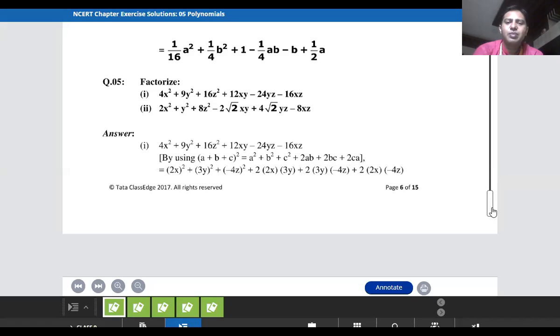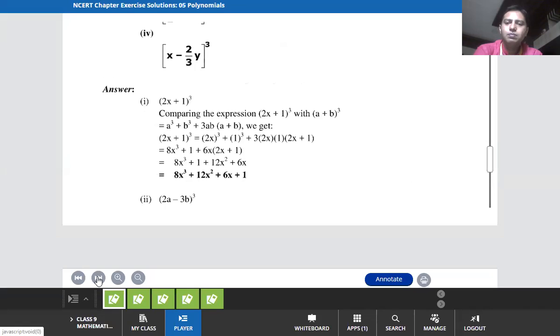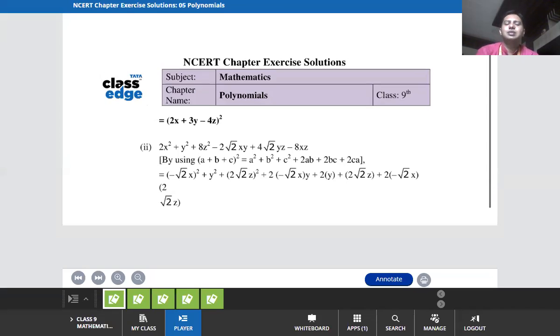Now, because we are equating with a square plus b square plus c square plus twice ab plus twice bc plus twice ca, we get the factorized value as 2x plus 3y minus 4z. Another factorized form of the same question can be minus 2x minus 3y plus 4z. This is also possible, where x and y both are negative but z is positive.